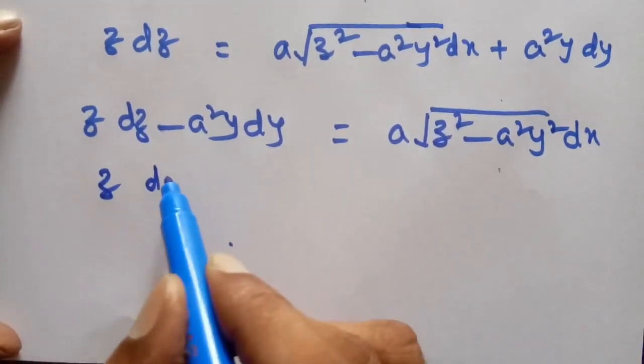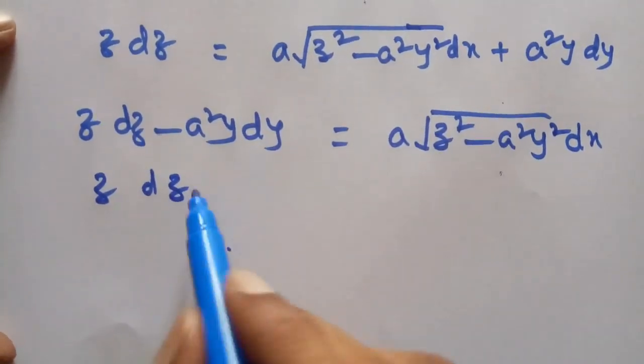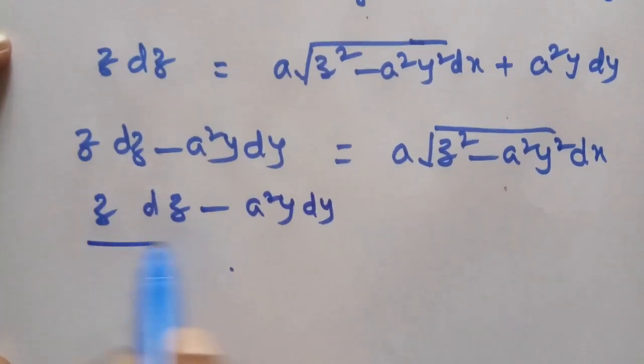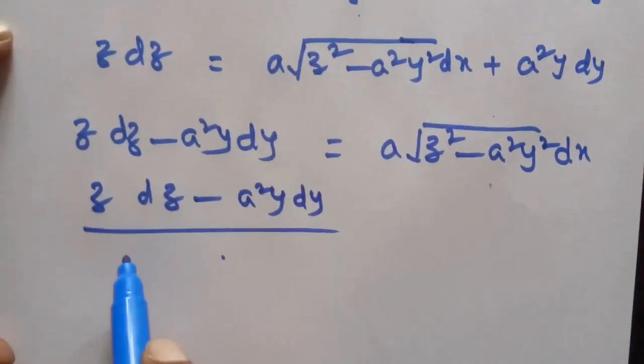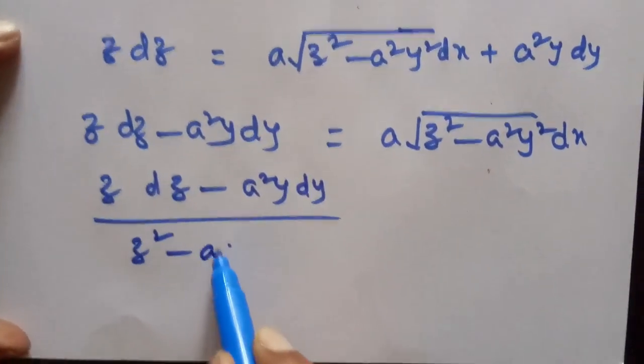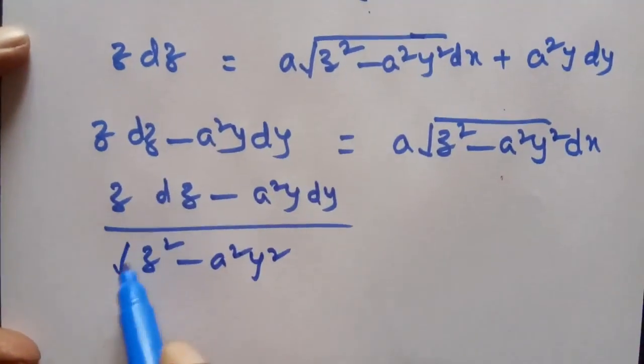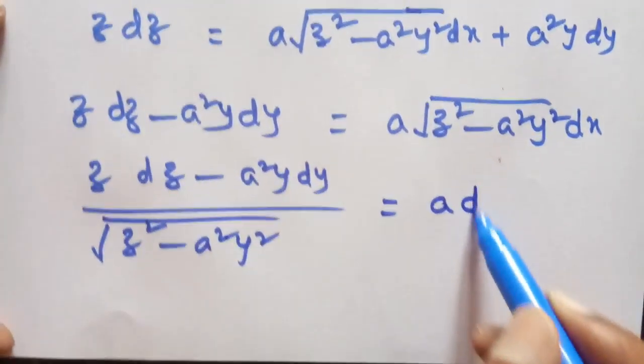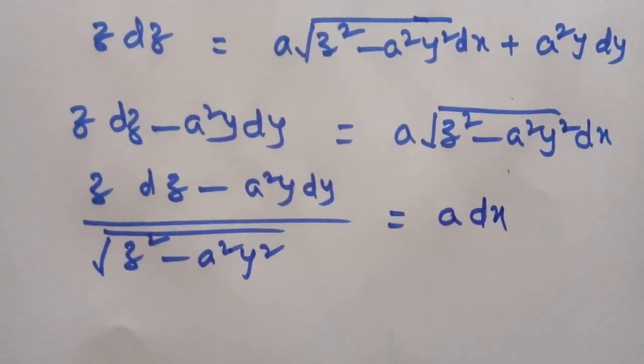z dz minus a square y dy by z square minus a square y square is equal to a into dx.